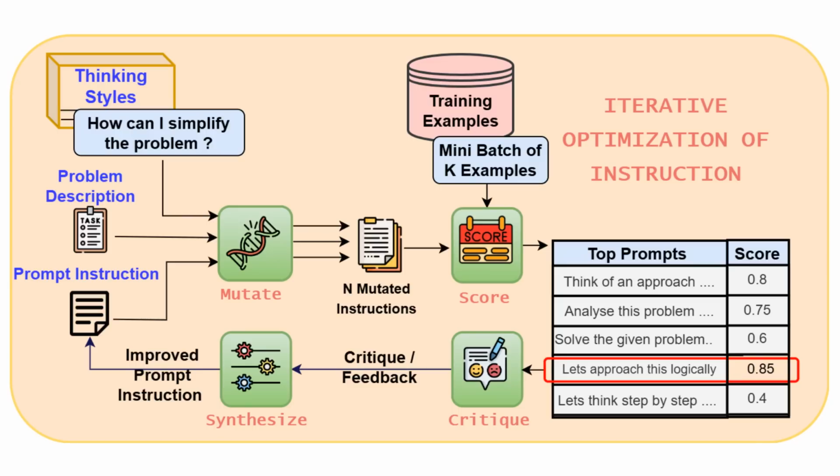And then here we're doing all the scoring and evaluation and getting feedback from the LLM. Then once we've got those scores, we can critique it: why was this better, etc., and synthesize a new prompt that comes out even better. And the idea is this is a loop, and you can choose how many times you want to go through the loop to improve the prompt instruction.